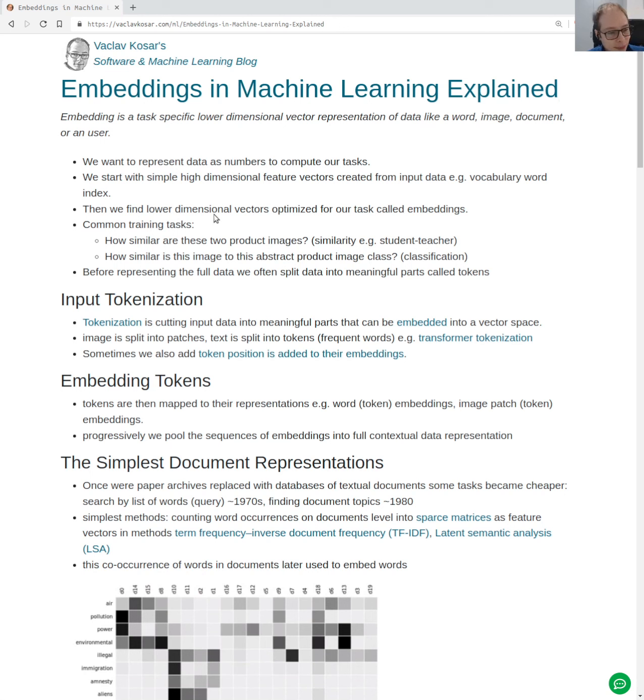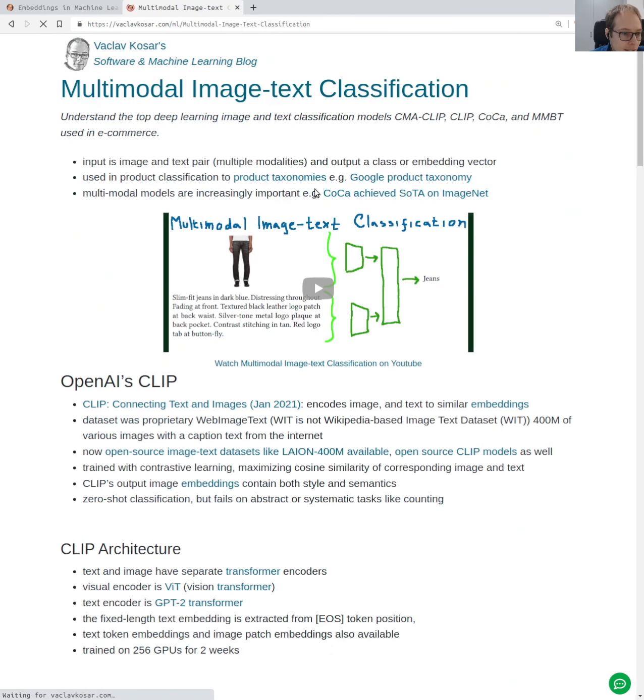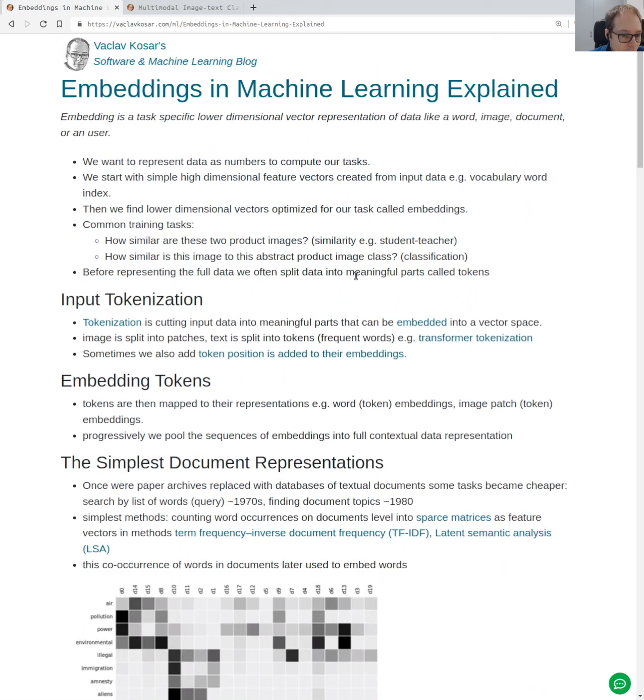Or how similar is this image to this abstract product image class? That's, for example, in image text classification, for which I have a blog post as well. It's over here. Multimodal image text classification, and I did a video before. I will share a link in the notes.